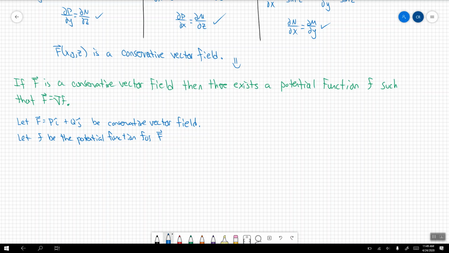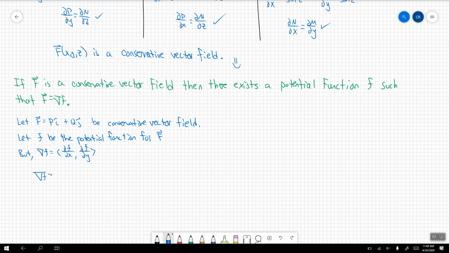Now, since we have this conservative vector field, we have this potential function, and we know that this equality is going to hold. But we also know that the gradient of f is just going to be the partial of the function with respect to x and the partial of the function with respect to y, respectively, in component form. So what does that give us and how does that benefit us?